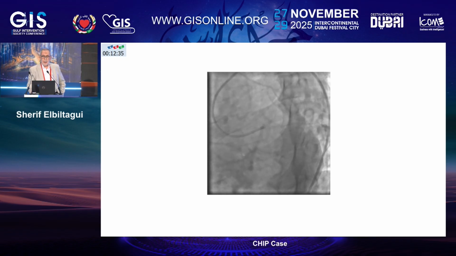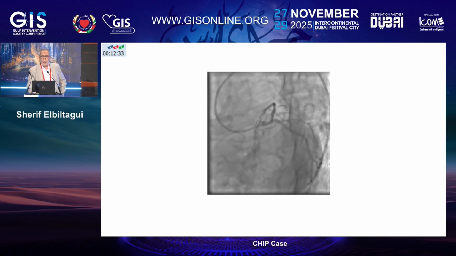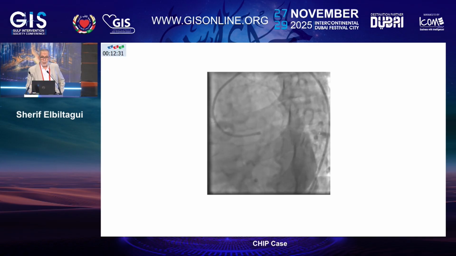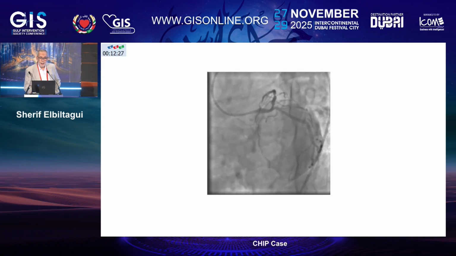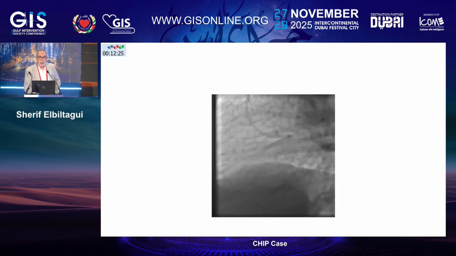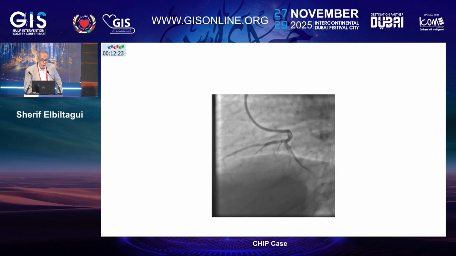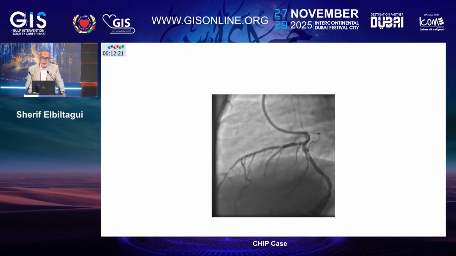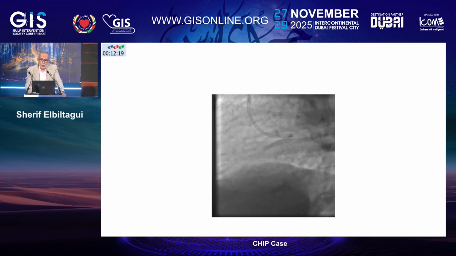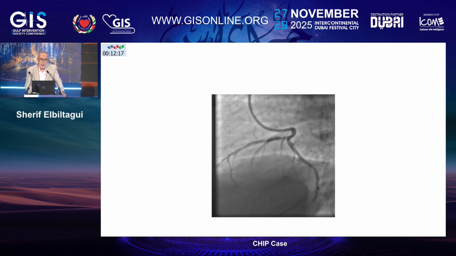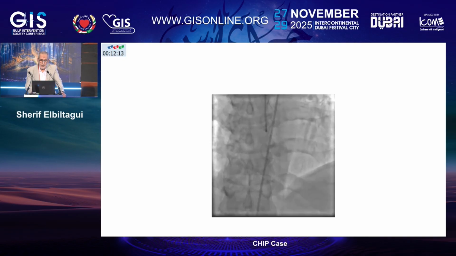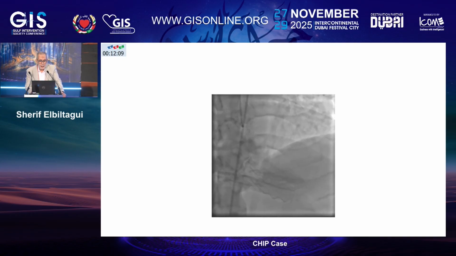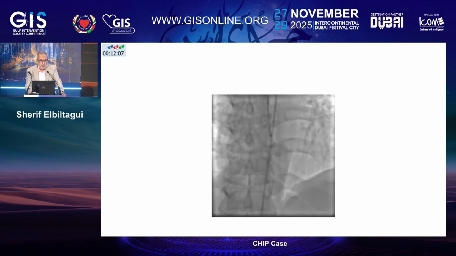The CX is free from disease, at least angiographically, especially the ostium appears free here, and the lateral view shows the diffuse disease in the LAD with the ostial and the mid lesions, and still the CX is free of disease. The RCA is definitely without significant stenosis angiographically.